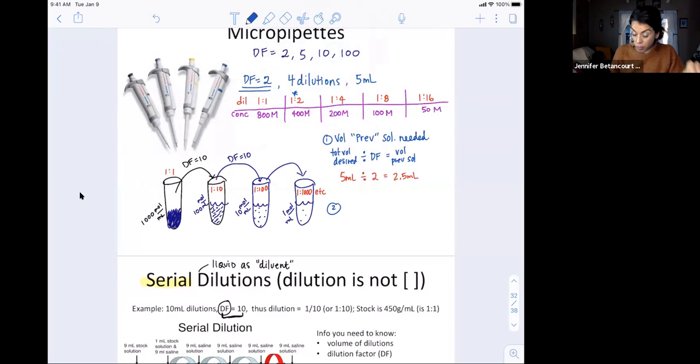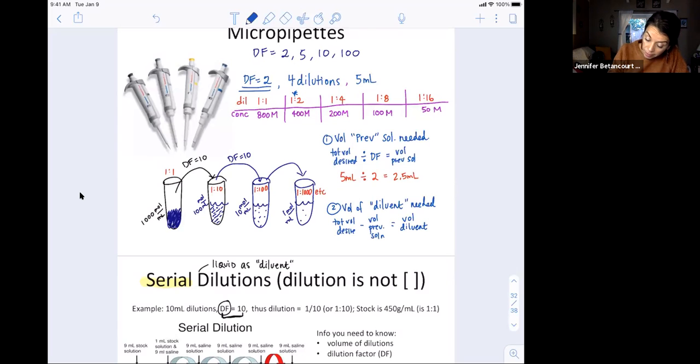The second math we need to figure out is the volume. Remember, we're diluting stuff, so we have to dilute it in something. That something is called the diluent. In this case, we're calling it water. What is the volume of the diluent that you need? So that's also really easy. You just take the volume that you desire, the total volume, then you subtract the volume of the previous solution, and this gives you the volume of the diluent.